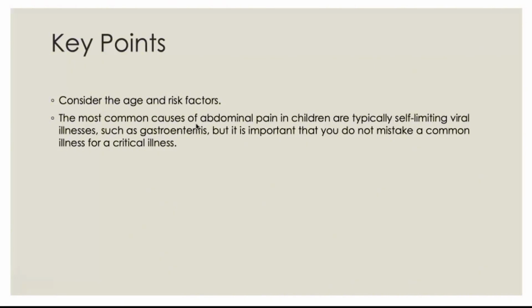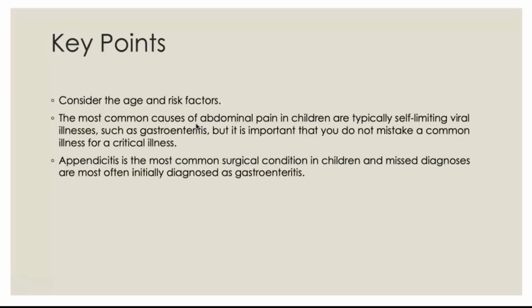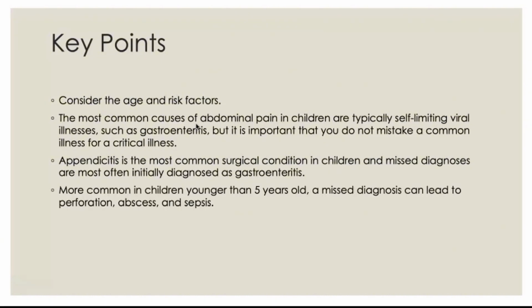We see that a lot. And appendicitis is a must-not-miss diagnosis that we need to rule out for acute onset pain, especially with fever. And appendicitis is very common in children younger than 5 years old. You really don't want to miss that because it can lead to perforation, abscess, and sepsis.